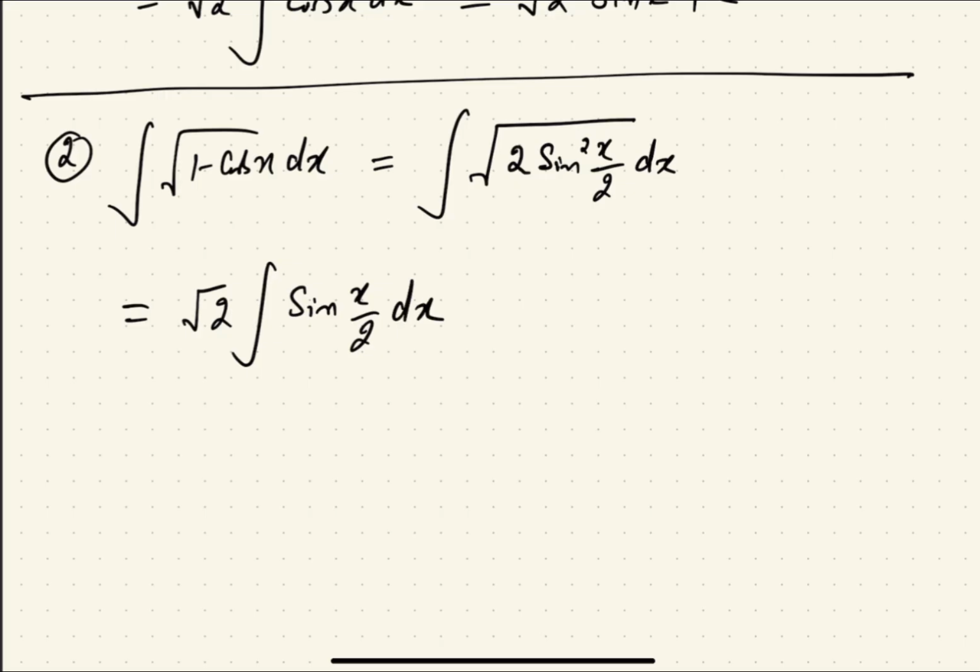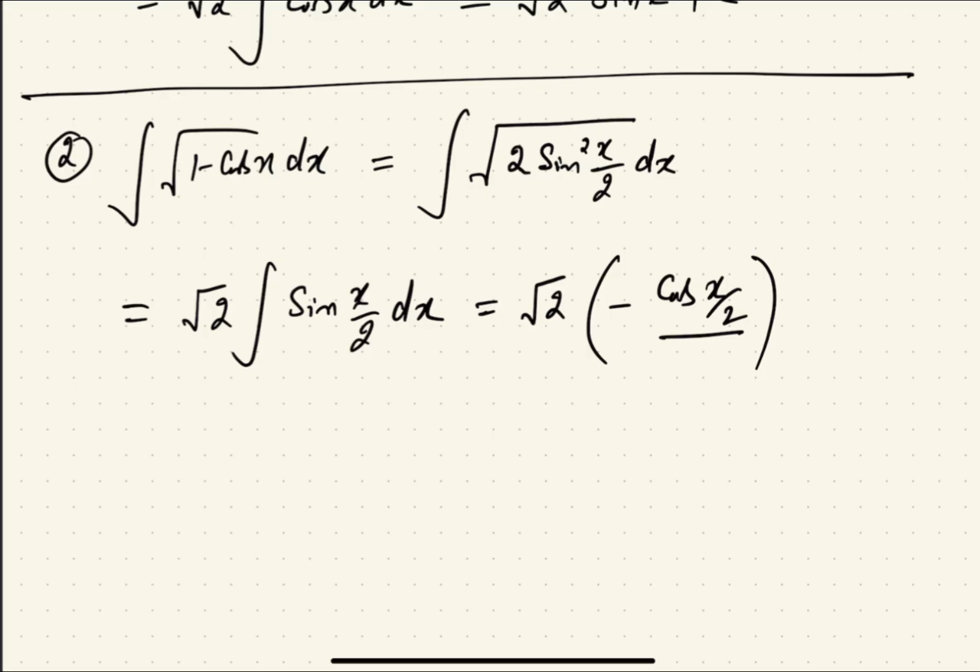You know the integral of sine, and this is linear, then no need to put the extra factor. If this would be x square, then you would have to put it, right? Okay, and this will be equal to square root 2, integral of sine is minus cosine x over 2, and you have to divide by the derivative of the angle.